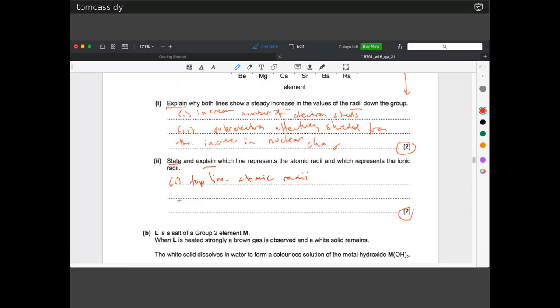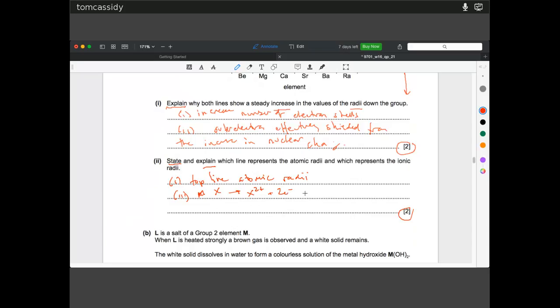And now that you've stated it there, you've got to explain it in part 2, and you can explain it by saying that in group 2, if you have a group 2 element, its ion is 2+.